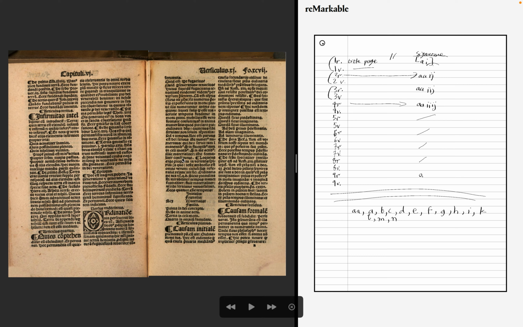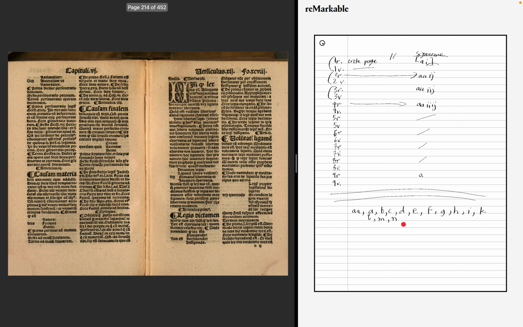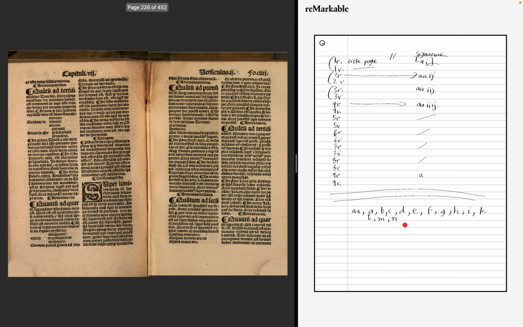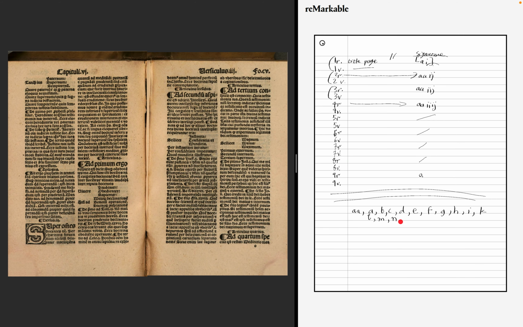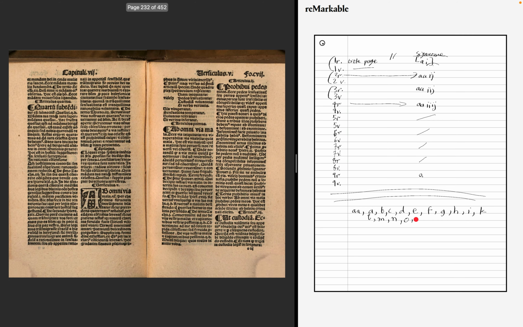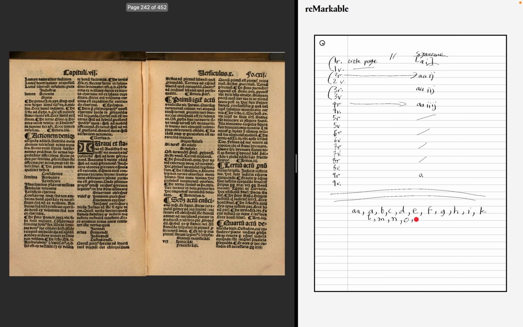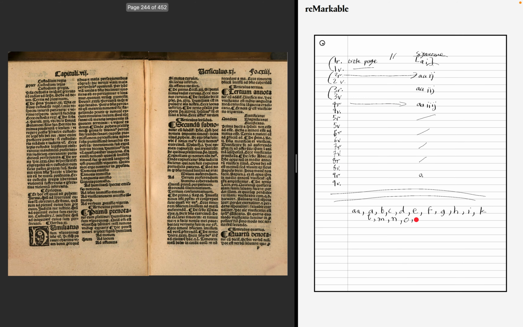Remember, I'm looking down here, so just kind of keep your eye focused on that section there. N, 1, and 2, and 3, and 4, and 5, and 6, and 7, and 8, and 9, O. O1, O2, O3, O4, O5, O6, O7, O8, O9, nope, P, great.